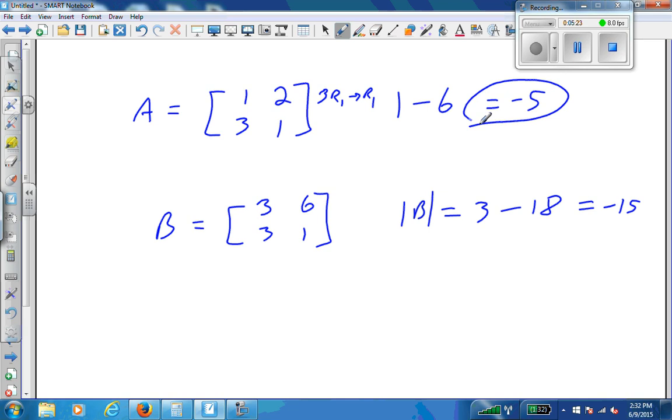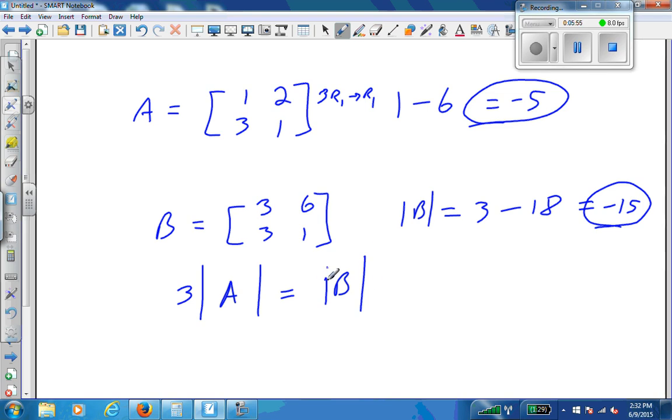So this was our original determinant, that's the determinant of A. The determinant of B, we got to be negative 15. So if we take A and multiply the first row by 3, then 3 times that determinant will be equal to the determinant of the new one.